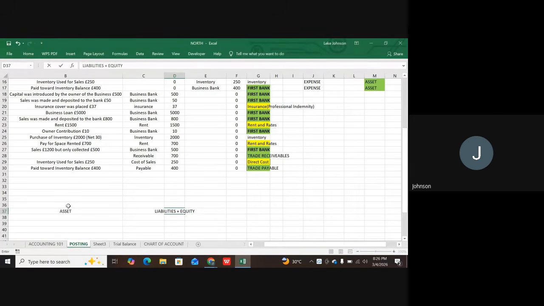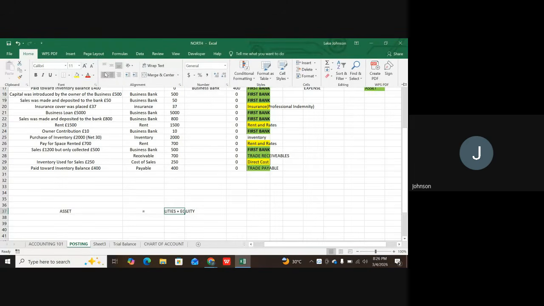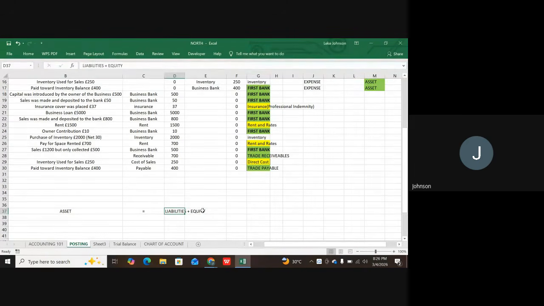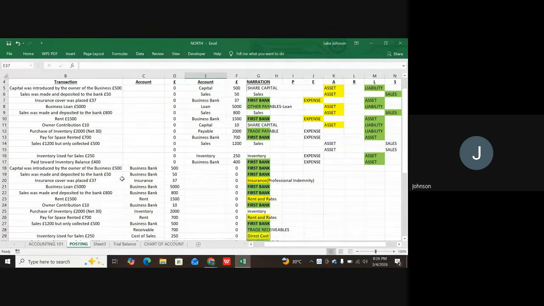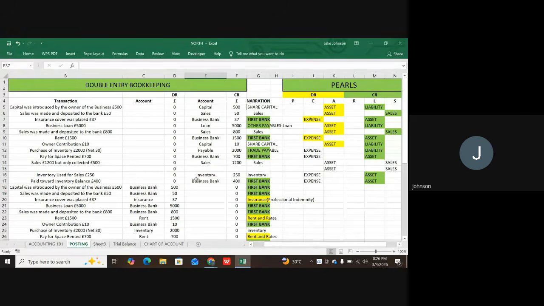Any asset that you see any company have, the way they get it is either they borrowed money from people they call their creditors, like a bank or anything, plus the contribution of the owners. Mostly, when a company is about to kick off, the owner needs to inject some money into the business. They call it equity.